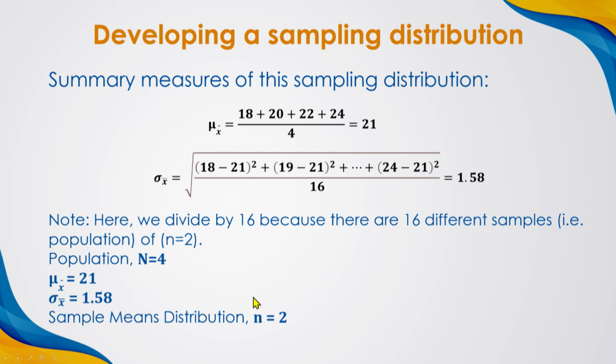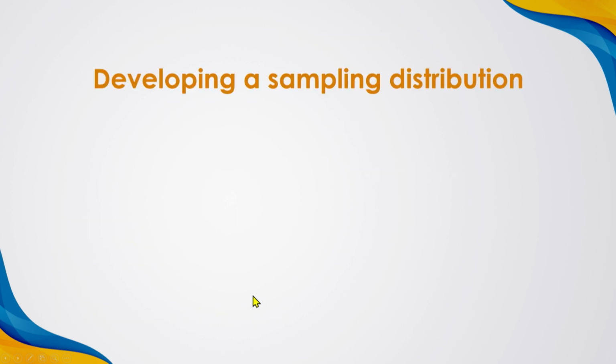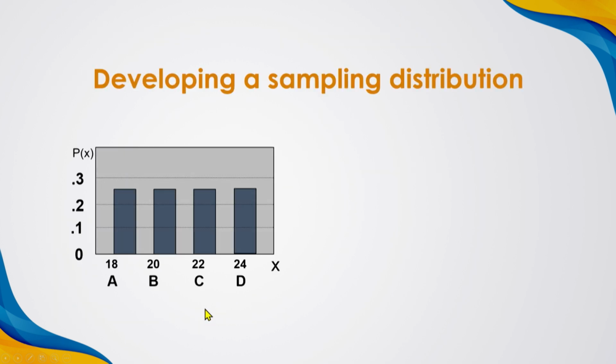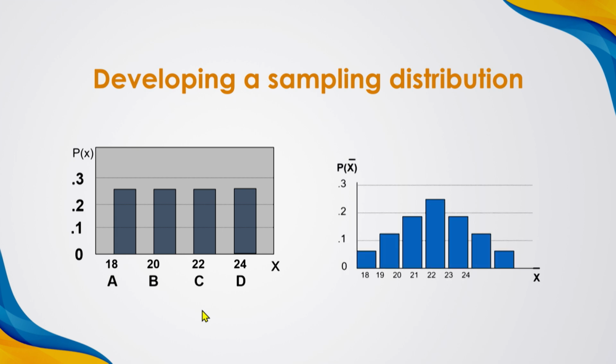Sample means distribution, n is equal to 2. This diagram shows the ages of the 4 individuals, and we can also draw a diagram with the sample means.